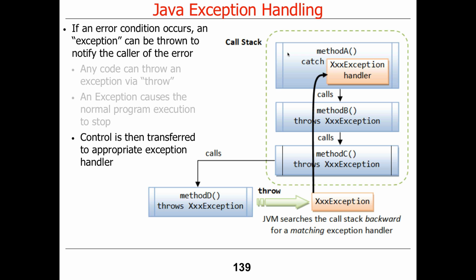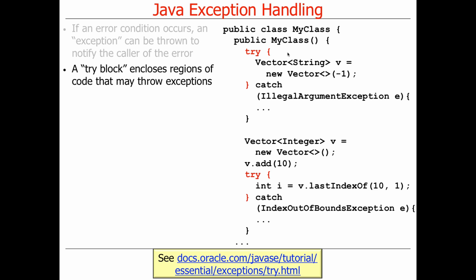Once it finds one, control is transferred from the point where the call threw the exception to the place where the catch occurs. That's kind of why it's like a go-to, if you will. Control is transferred, and various things happen along the way. Java semantics are slightly different than C++ semantics here, but we'll talk about how that all works in a minute.